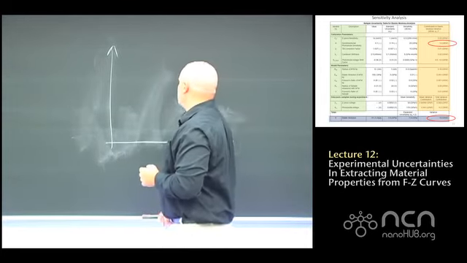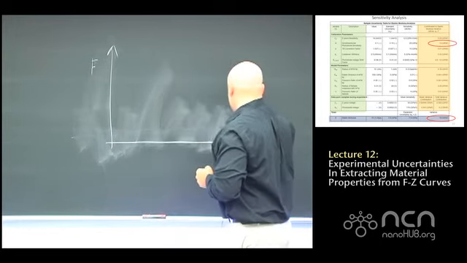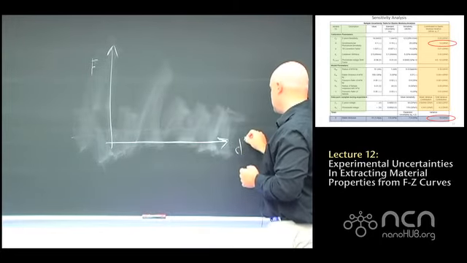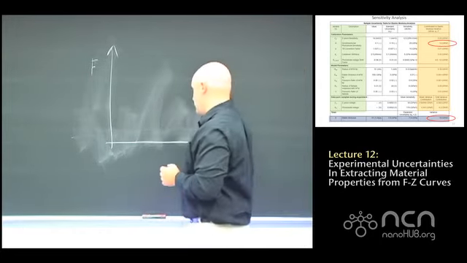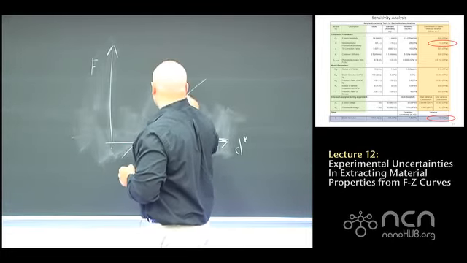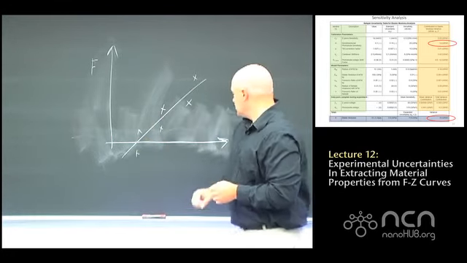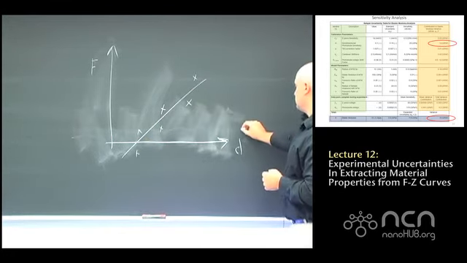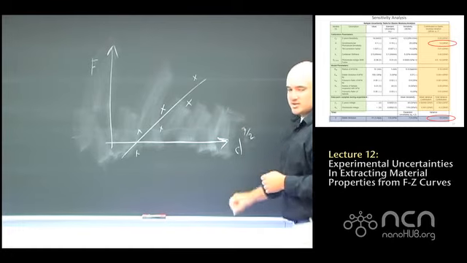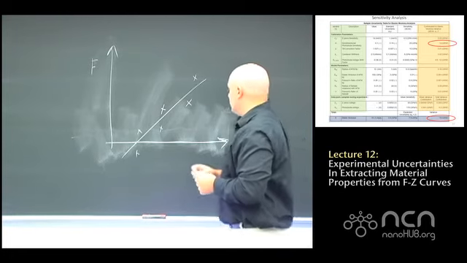We took our FD curve and we linearized it. So we had that F versus D to the 3 halves, well, D minus A naught to the 3 halves, but same thing. And we fit to a line.